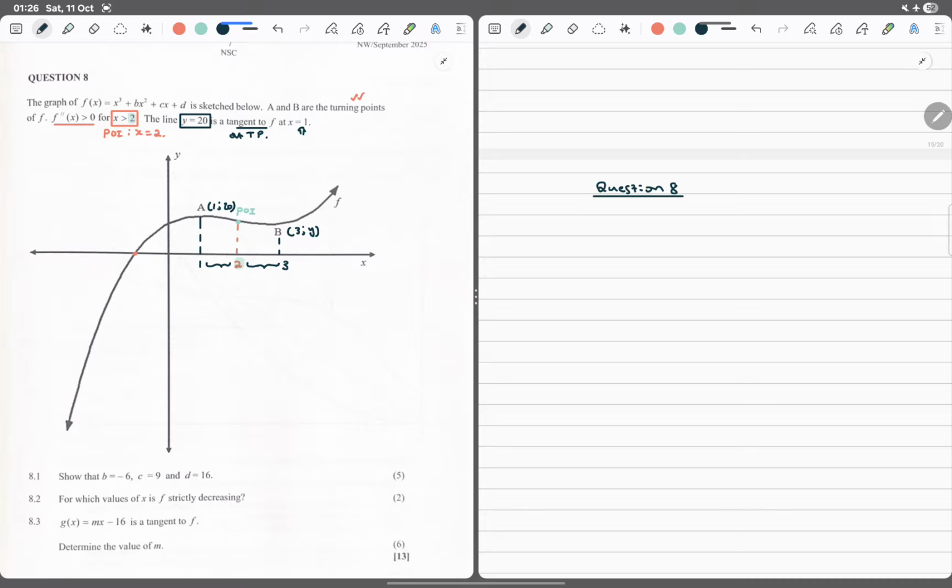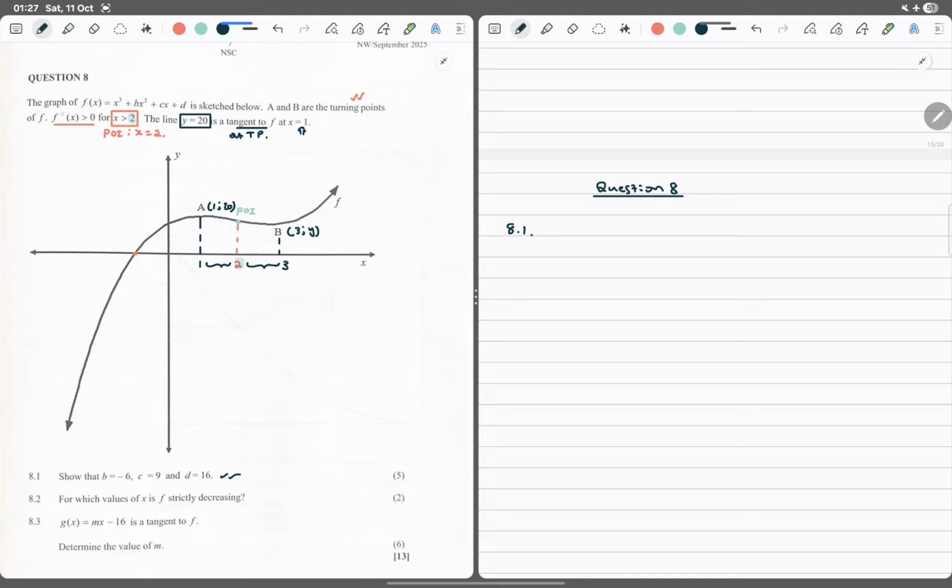Okay, let's start. So 8.1 says we need to find the values of b, c, and d. Okay, what do we have, guys? We know that the first derivative at the turning point is 0. So we can derive some simultaneous equations there.